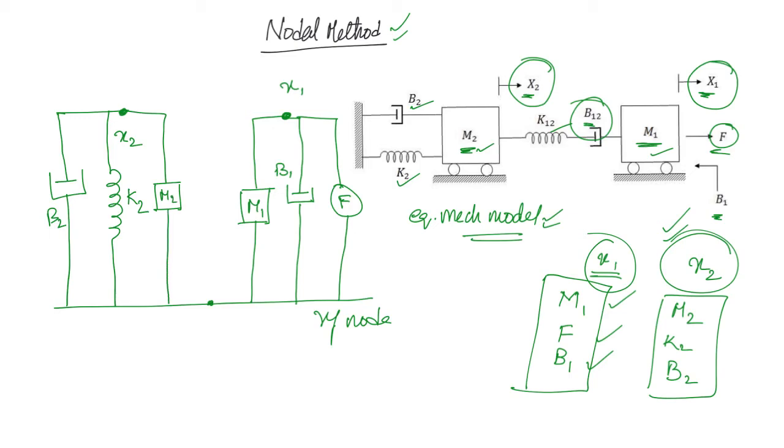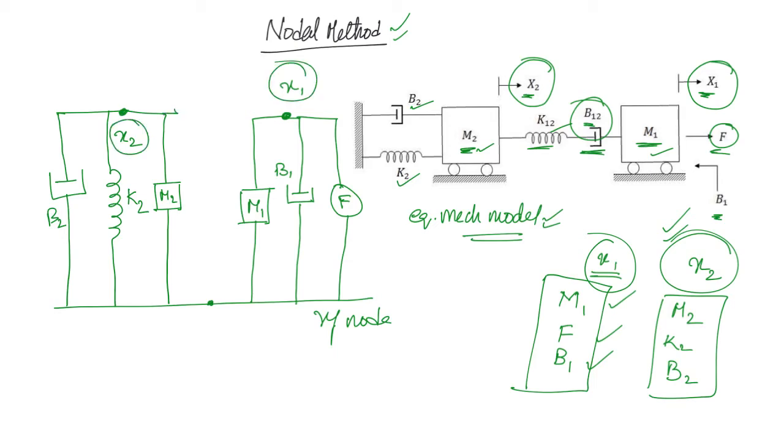Next, what are the remaining elements? k12 and b12. Here you have to see that these elements are not exclusively acting on either m1 or m2. They are connected between both the masses. In such a case, those elements you will have to connect in between the nodes x2 and x1.